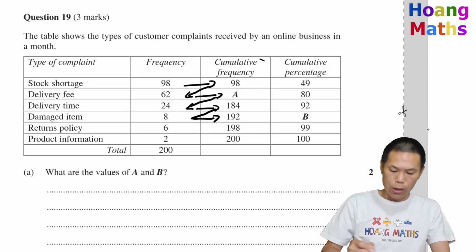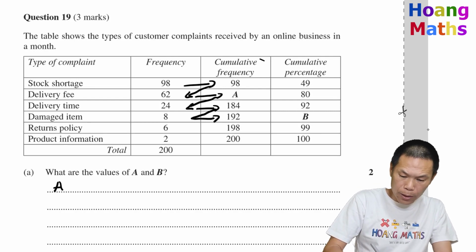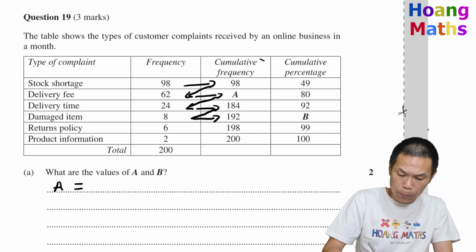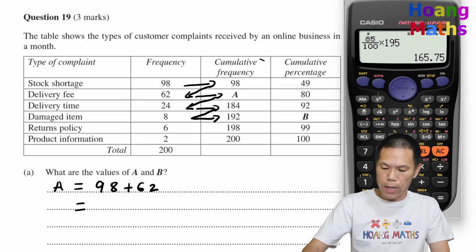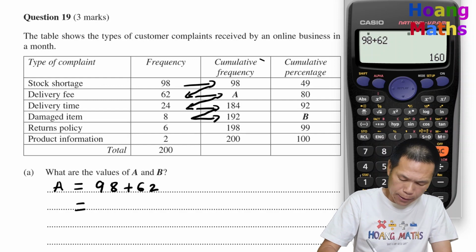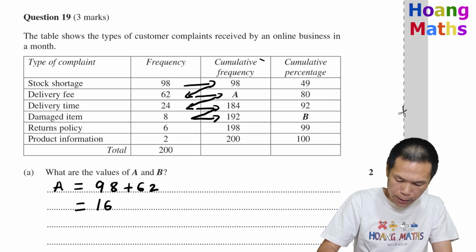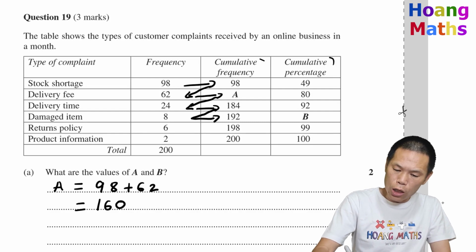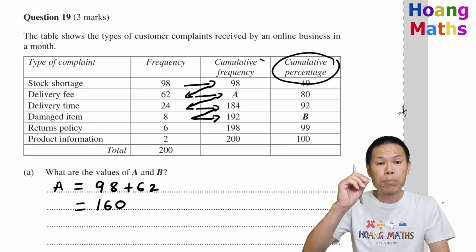So therefore, I is the cumulative frequency. Don't forget, it will give me 98 plus 62. So I just go 98 and we add 62. So there you go, 160.